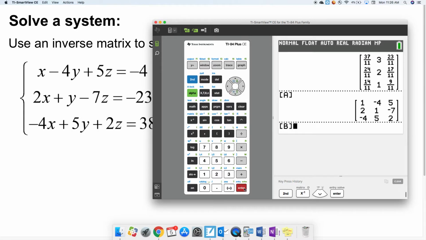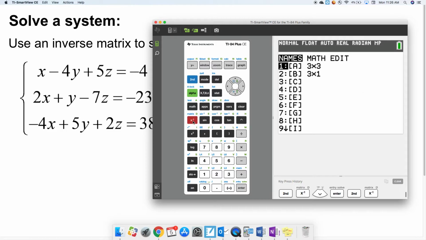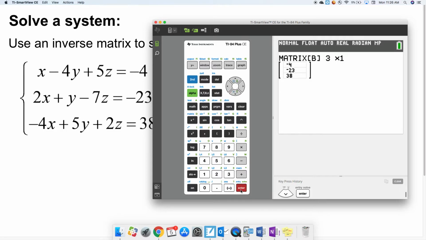Matrix B. Oops, I forgot to edit. Edit matrix B. And this time you want like a column matrix, so it's going to be 3 rows, 1 column. So put in -4, -23, and 38. So you enter that matrix.